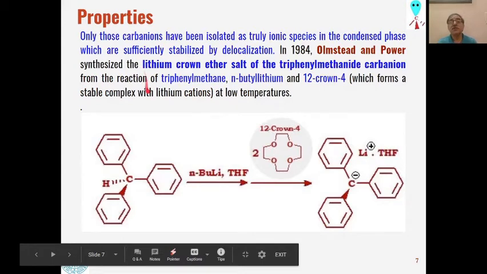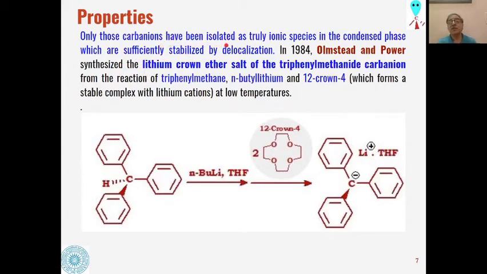Then, properties of carbanions: they have been isolated as truly ionic species in the condensed phase, where they are sufficiently stabilized by delocalization.